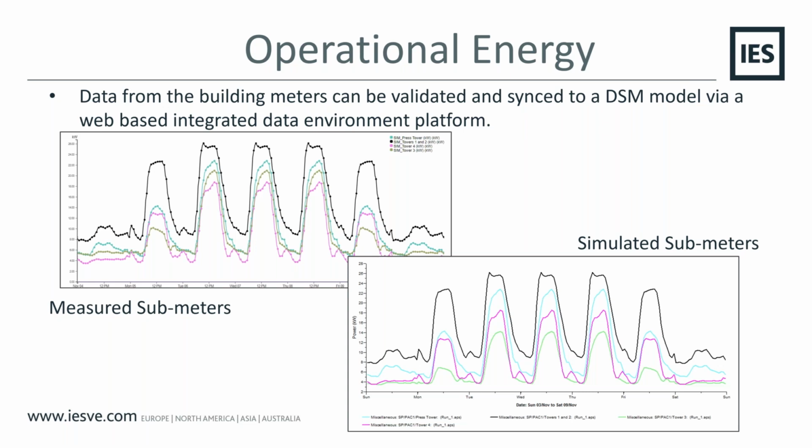And then once we've got that model set up, it gives us a great opportunity to really look at how we can ensure that the design has met its particular objectives, and if there are changes to the building that need to be taken account of to ensure it matches the design.